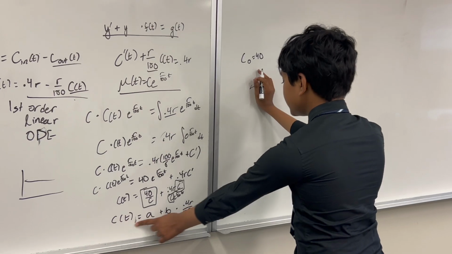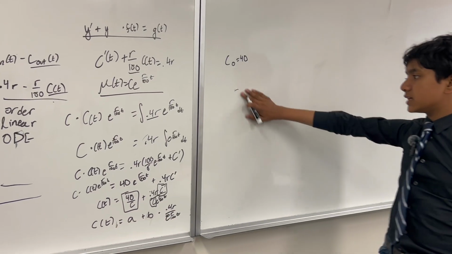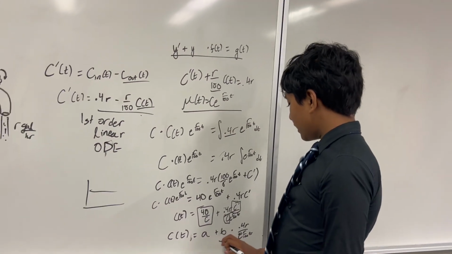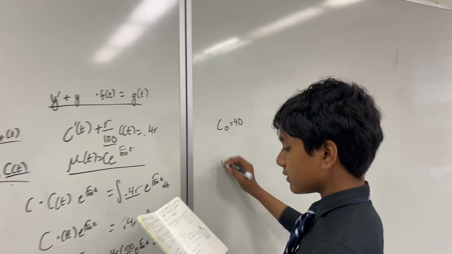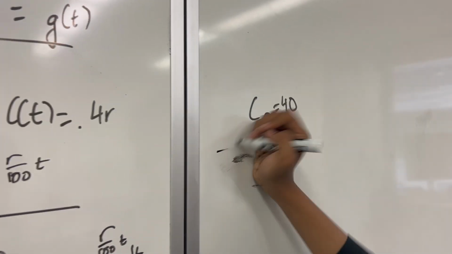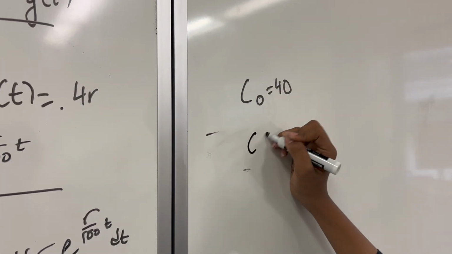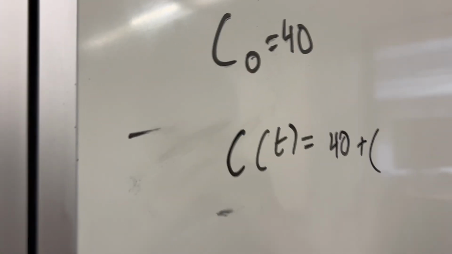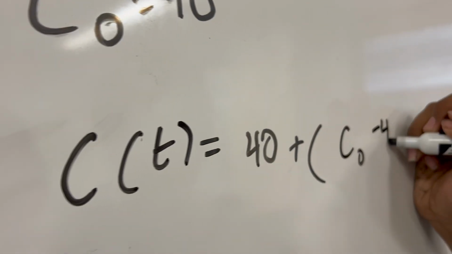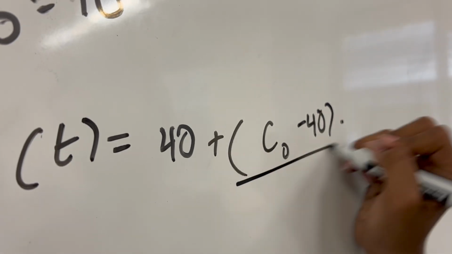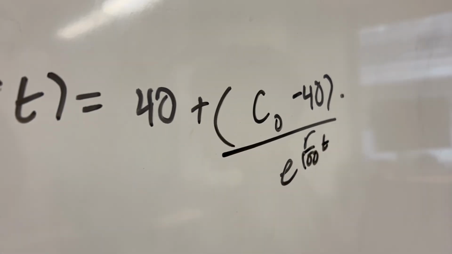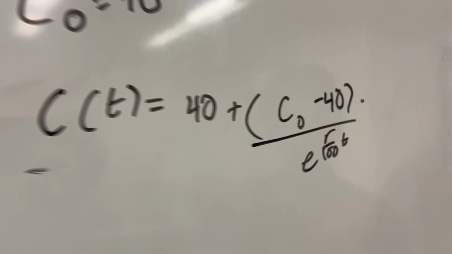Then C of t should just be a constant, right? So that means that our answer is hidden somewhere: C of t is equal to 40 plus, and here's the concentration, C naught minus 40, divided by this exponential term. So what does that look like?